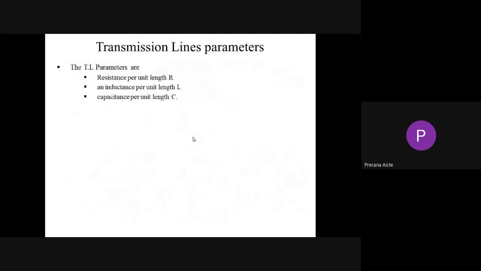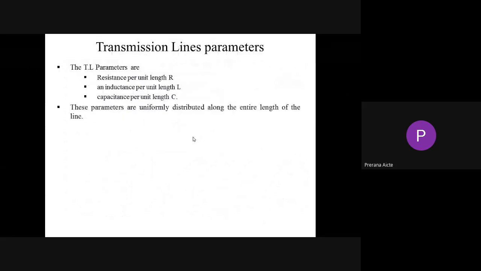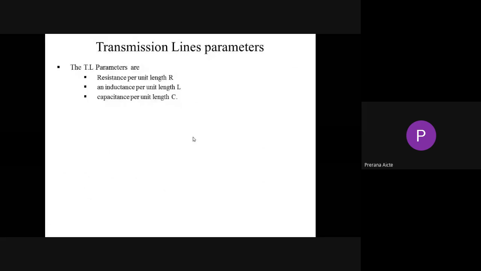So what are the parameters of a transmission line? There are four parameters: resistance R, inductance L, capacitance C, and conductance G. So R, L, C, G are the primary parameters.